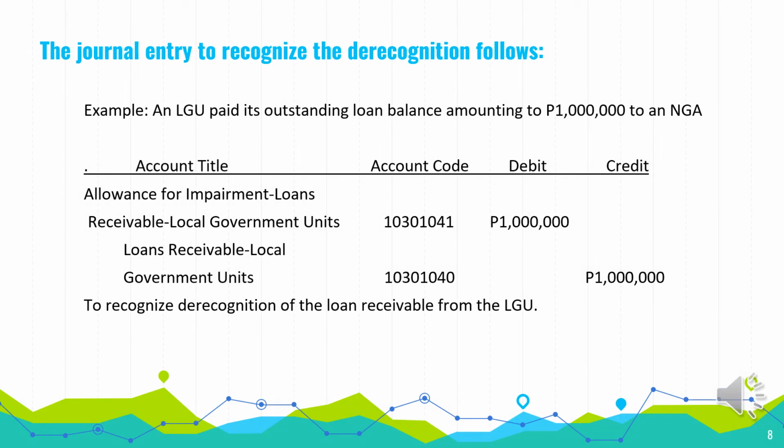Then to recognize the derecognition of the loan receivable from the LGU, we have debit allowance for impairment - loans receivable, local government units amounting to 1 million and credit loans receivable - local government units amounting to 1 million.